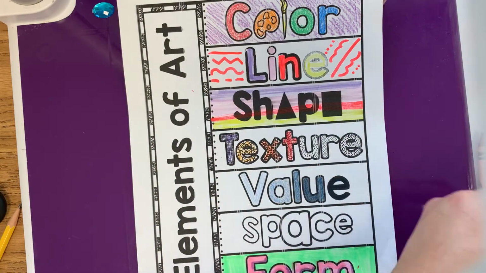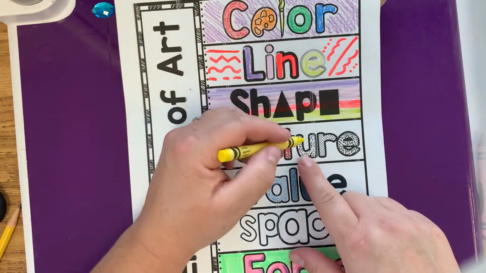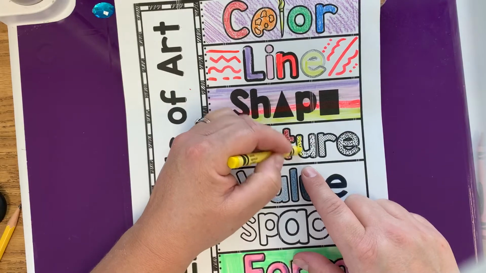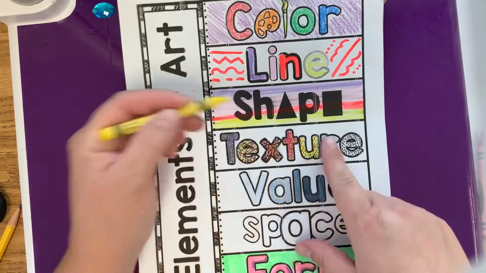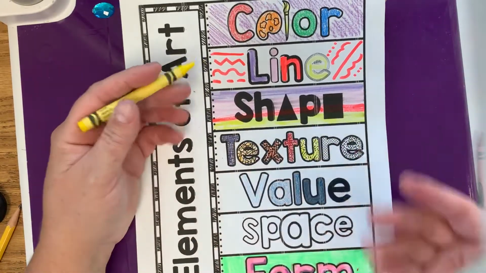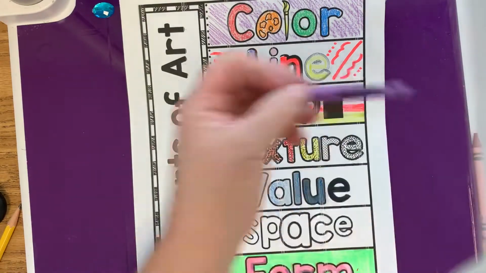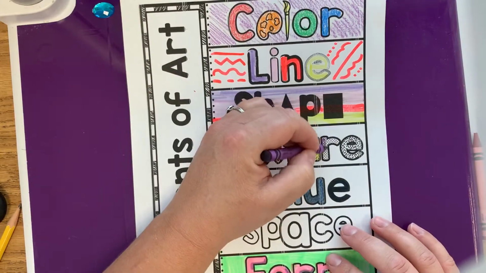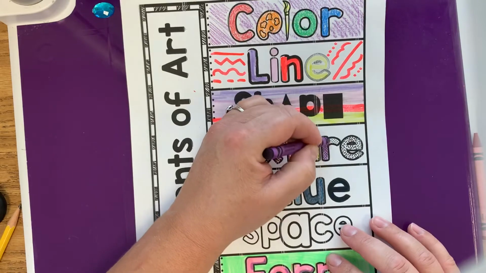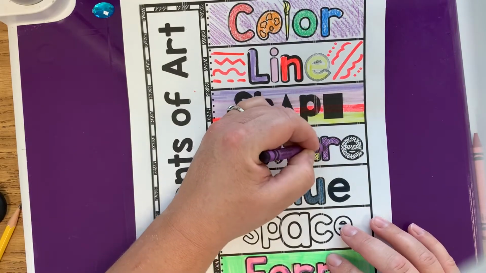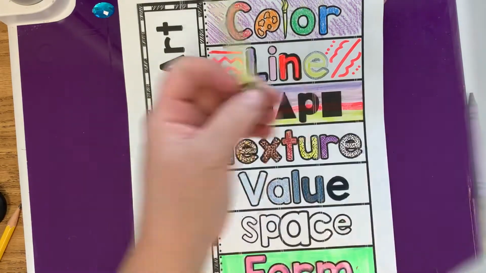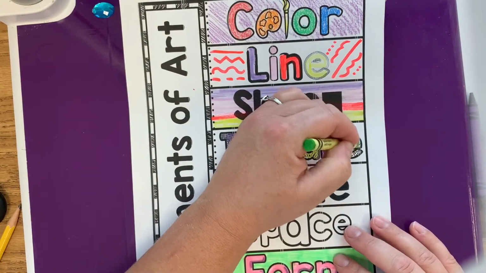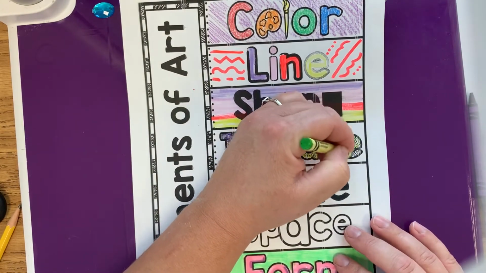So even though they can't reach out and touch it, if you had something that looked a little bumpy, they might say, well, if I feel it, it's just paper. I can't really feel the texture, but it looks like if I could touch it in real life that it would be bumpy. So texture is the way something feels, or the way that it looks like it would feel.